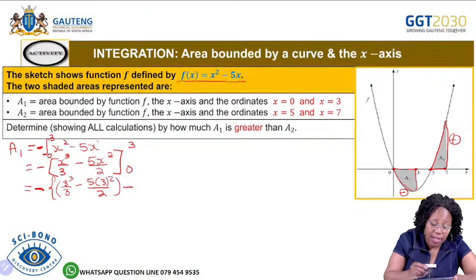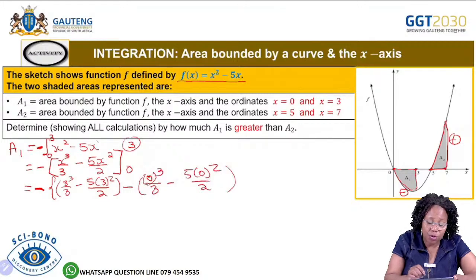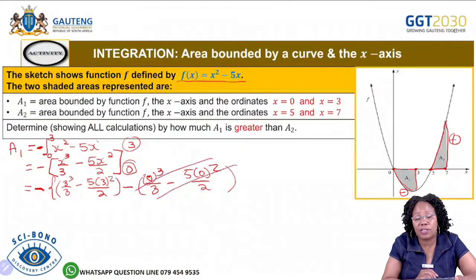Inside, we started by substituting a 3. We are now going to subtract and substitute a 0. That will be 0³/3 − 5 × 0²/2. After doing this, we don't indicate those ordinates anymore. If you look at this bracket, it will give us a 0 there.